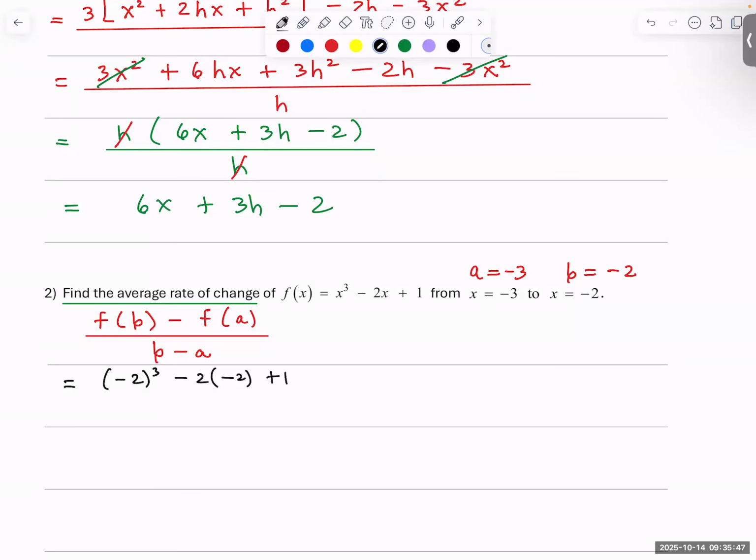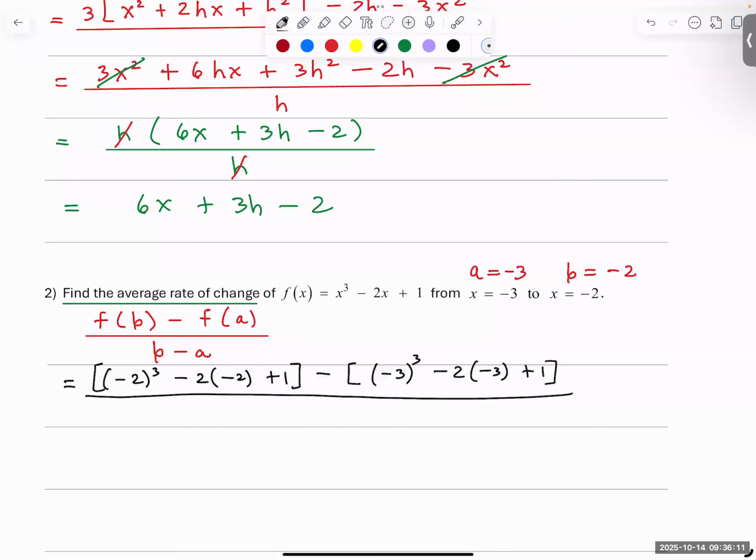So all of that is f of b, minus f of a means evaluate the function when x equals a equals -3. So plug in -3 into the function, -3 cubed minus 2 times -3 plus 1. That's all divided by b minus a is -2 subtract -3.